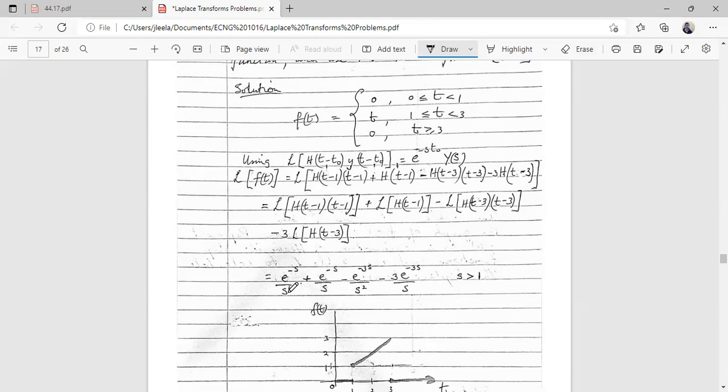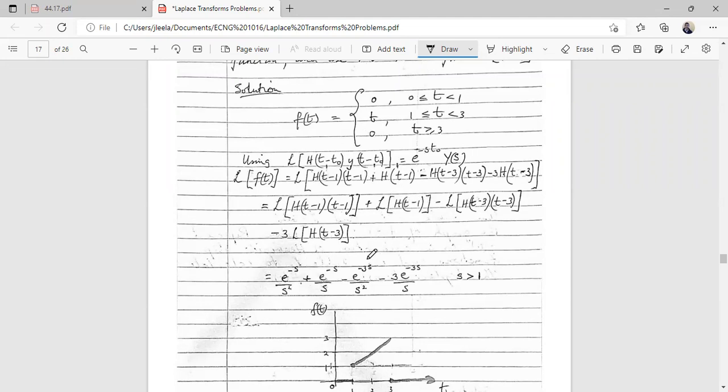The first one is e to the minus s over s squared, because your t naught here is 1, so e to the minus s, and your function is like t. So your Laplace of t is 1 over s squared, sorry. That is why you get e to the minus s over s squared.